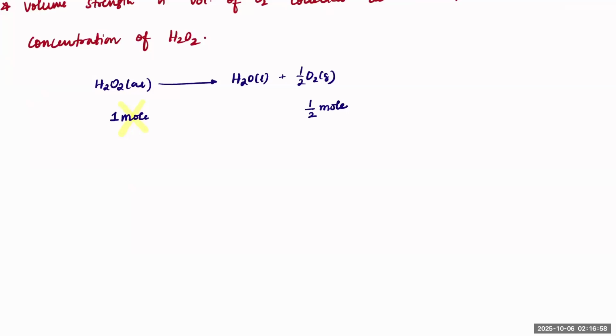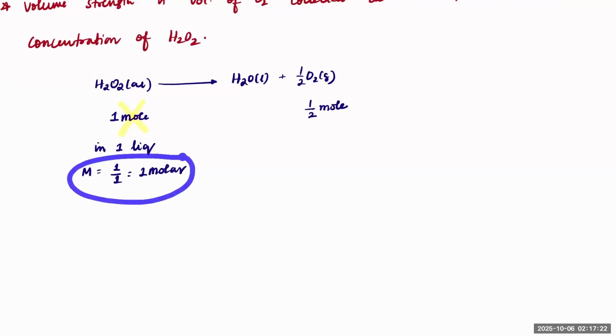Then molarity here is 1 divided by 1, which is 1 molar. Correct? So what I'm assuming is that for 1 molar peroxide solution, I'm expecting to get half molar O2.